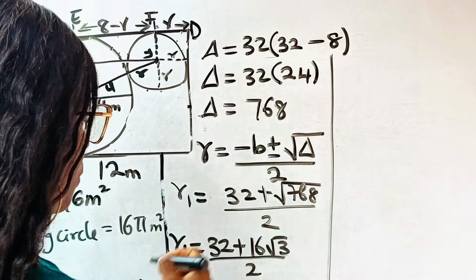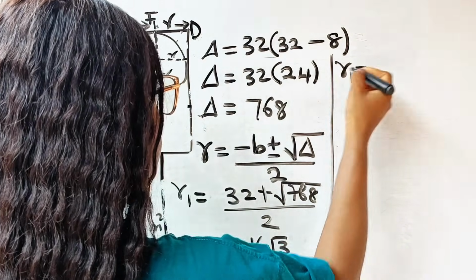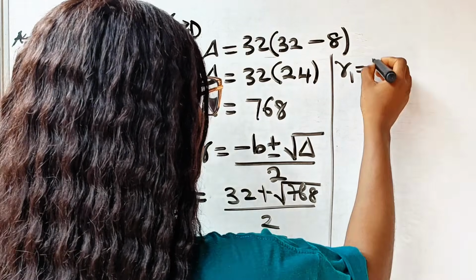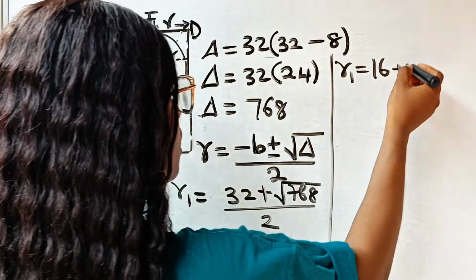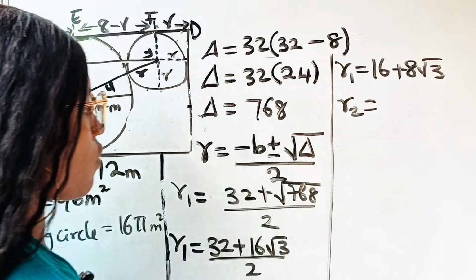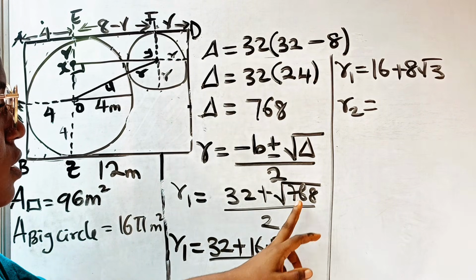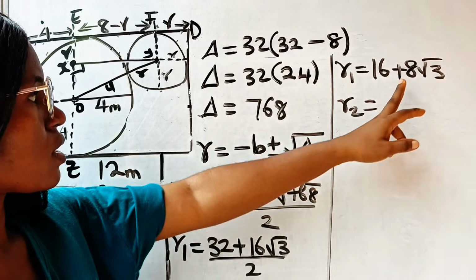So we solve further. We are going to have our first value of r to be equal to 32 divided by 2, which is 16, plus 16 divided by 2, which is 8 root 3. Now the second value of r will be equal to 32 minus this divided by 2. So we are going to have negative instead of positive.